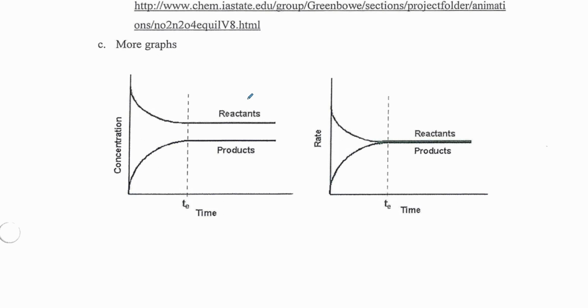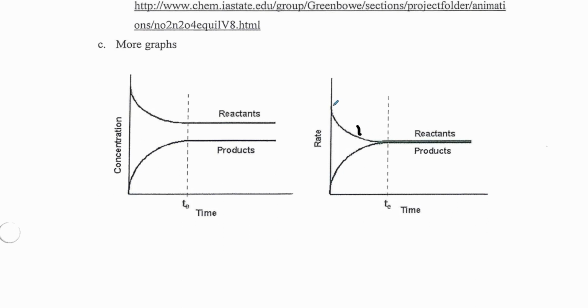Okay, so they don't have to be the same concentration. They just have to have a constant concentration, which means that they've reached equilibrium. On this graph, you can see it's rate versus time. So the rates are kind of converging here.